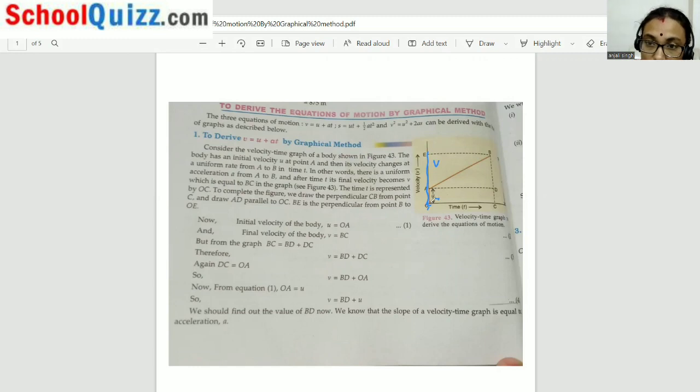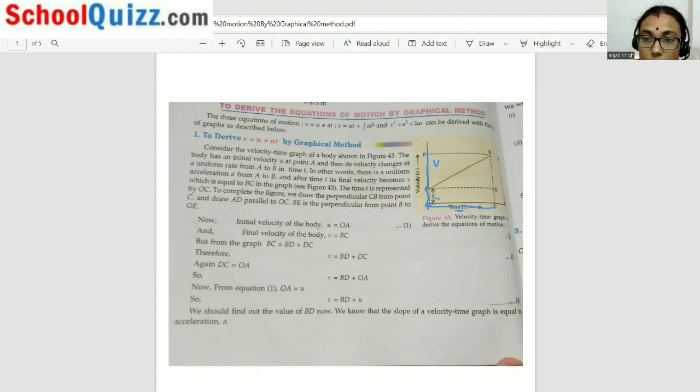So from O to A, this is the initial point, so that is represented by U. And from O to E, that will be the final point, so that will be the final velocity acquired by an object. Now, this is the time interval from O to C. You can see this is the time interval from O to C. That is the time T. Okay, students.